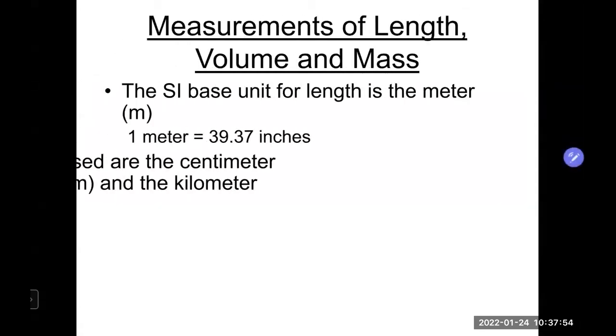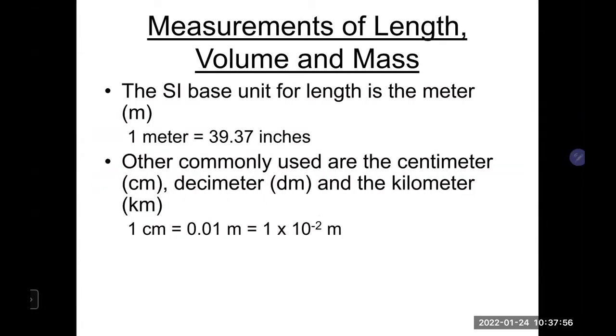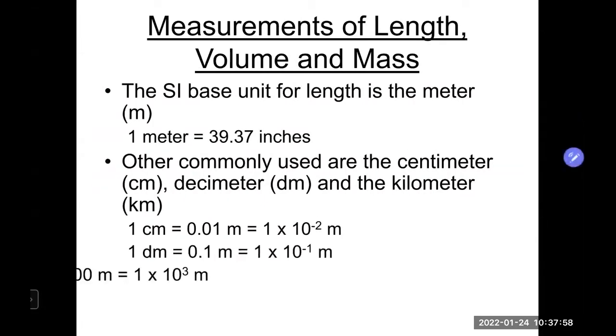So let's talk a little bit about some of these common measurements that we see for length, volume, and mass. These are some conversions. For example, these are some equalities, as we'll talk about a little later in the chapter. An equality basically means that there are two things that represent the same amount of something, but in different units.